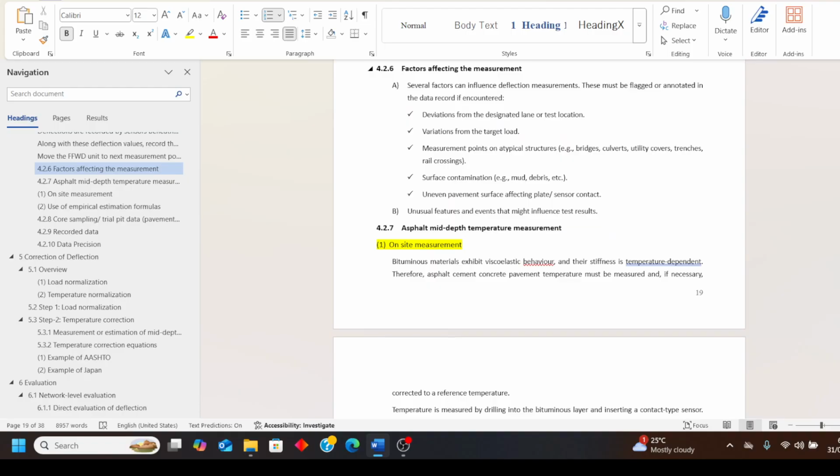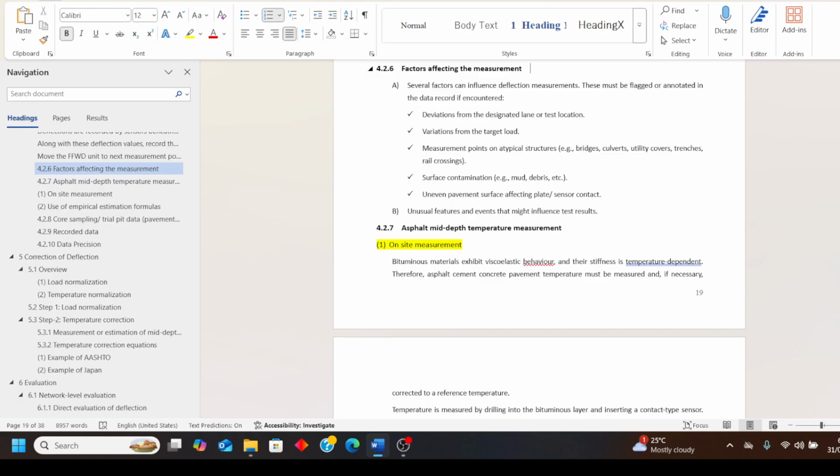Then we have the factors which affect the measurement. There are a number of factors which can affect the measurement, which include not testing in the correct wheel path, load not matching the target, like too high or too low, an uneven pavement surface preventing full plate contact, presence of structures like culverts, manholes, trenches and railway crossings, contaminants like mud, debris and water, and a sloped or cracked pavement, which gives inconsistent load transfer.